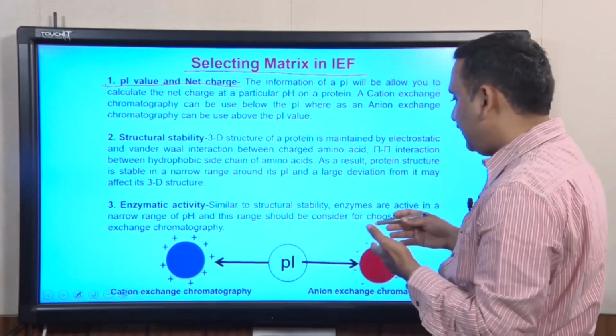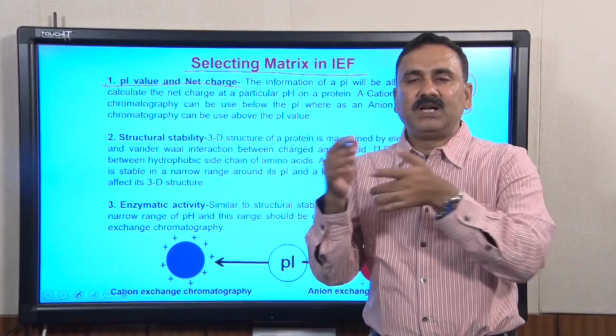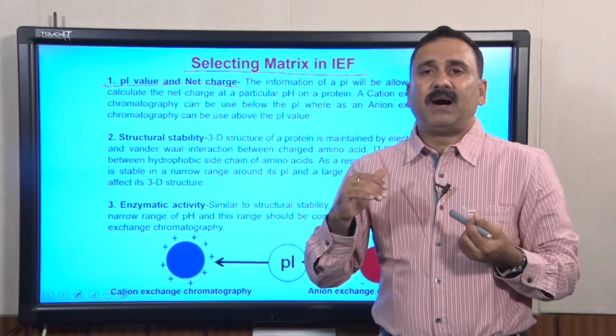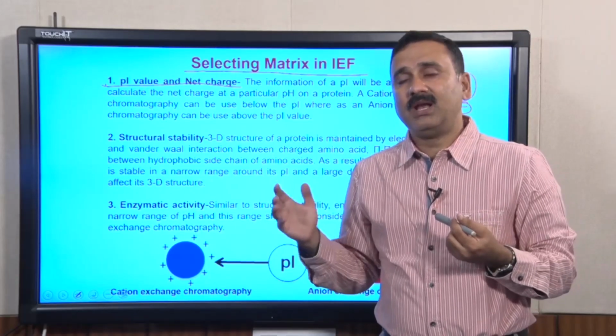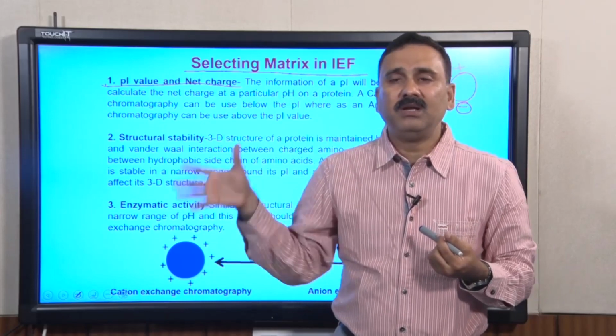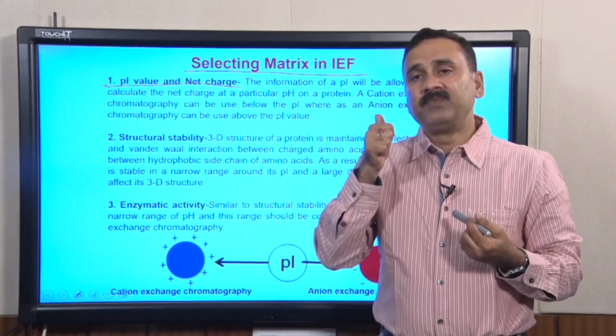So, the protein has positive charges as well as negative charges, but if you titrate these proteins at different pH, these negative or positive charges are going to be neutralized by the ions present in the buffers at different pH. As a result, you will reach a pH at which the net charge on your protein is going to be 0.